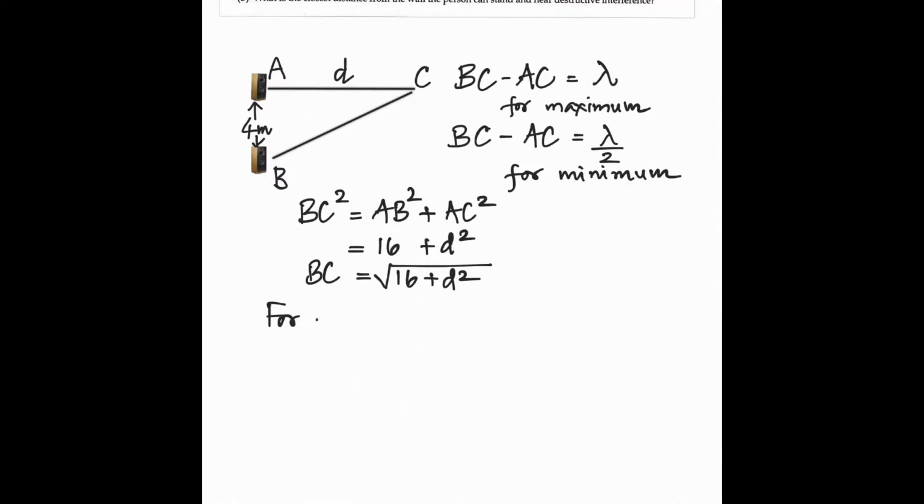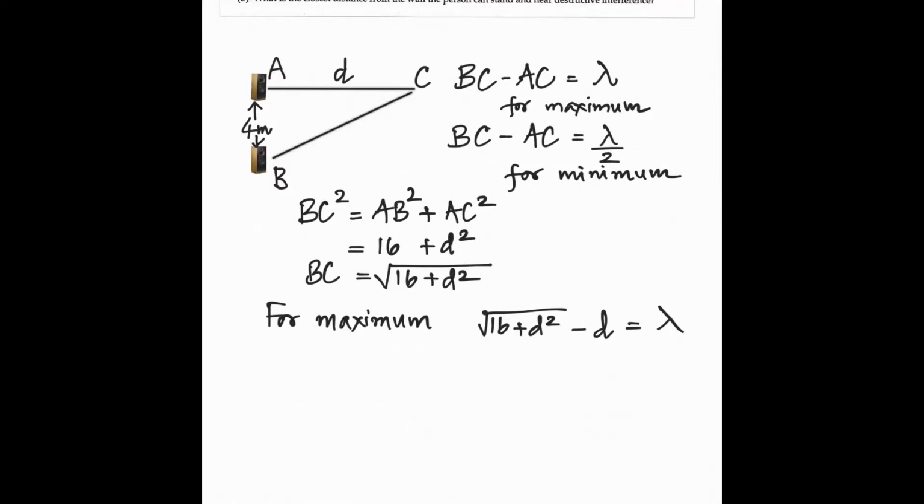Now for constructive interference or maximum, set BC minus AC equal to lambda. So that's our BC minus AC, which is D, equal to lambda.